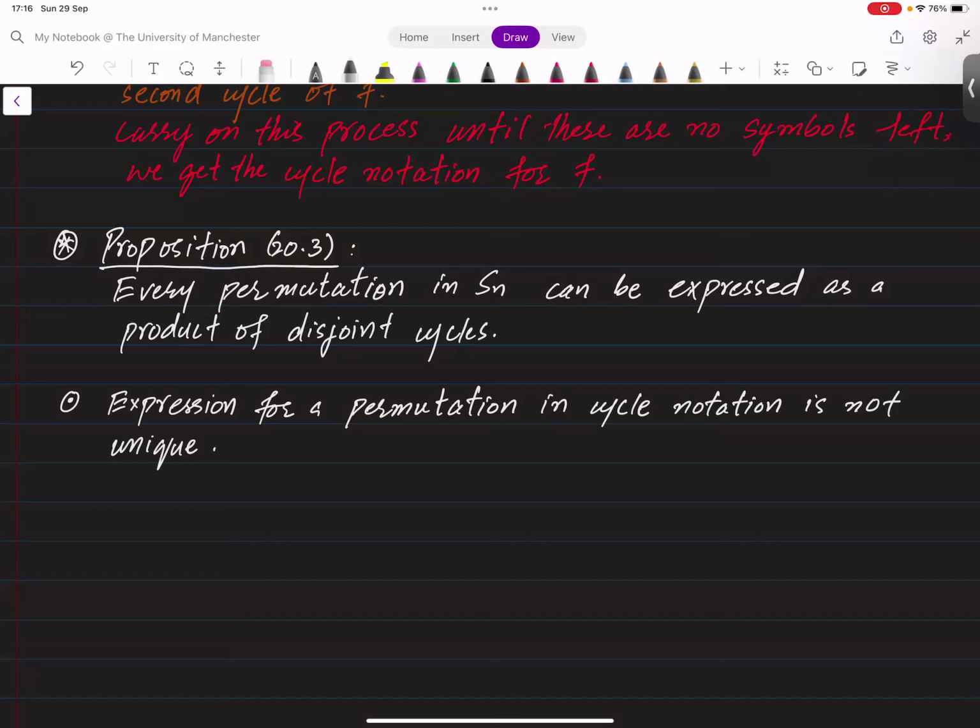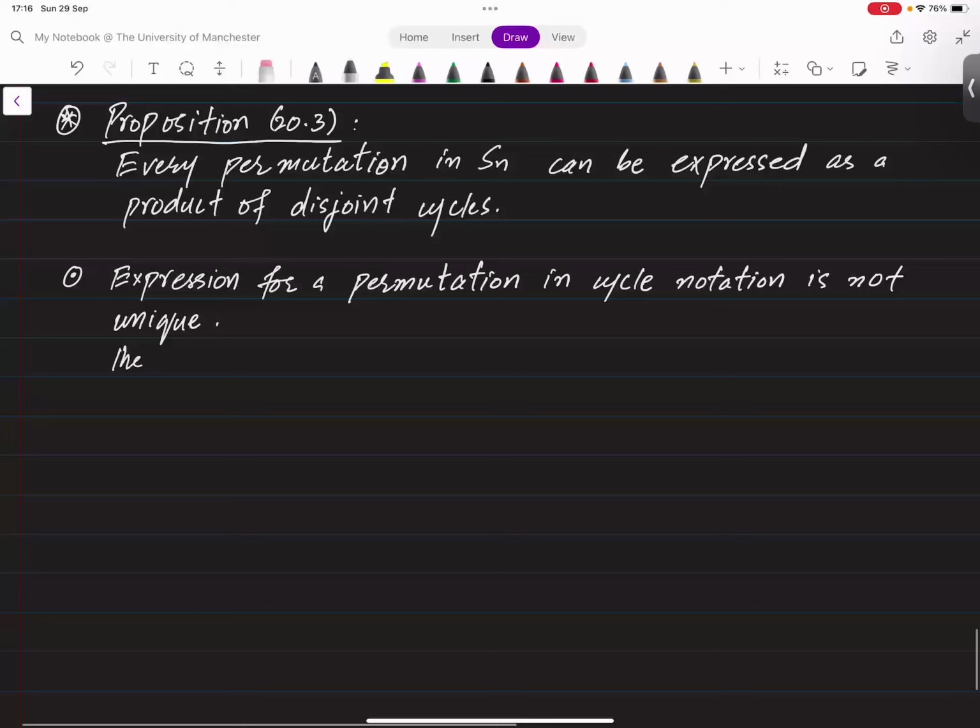So let's say the cycle 1 3 2 7 5 has exactly the same effect on each of its symbols as the cycle 3 2 7 5 1. So you can say they are equivalent.